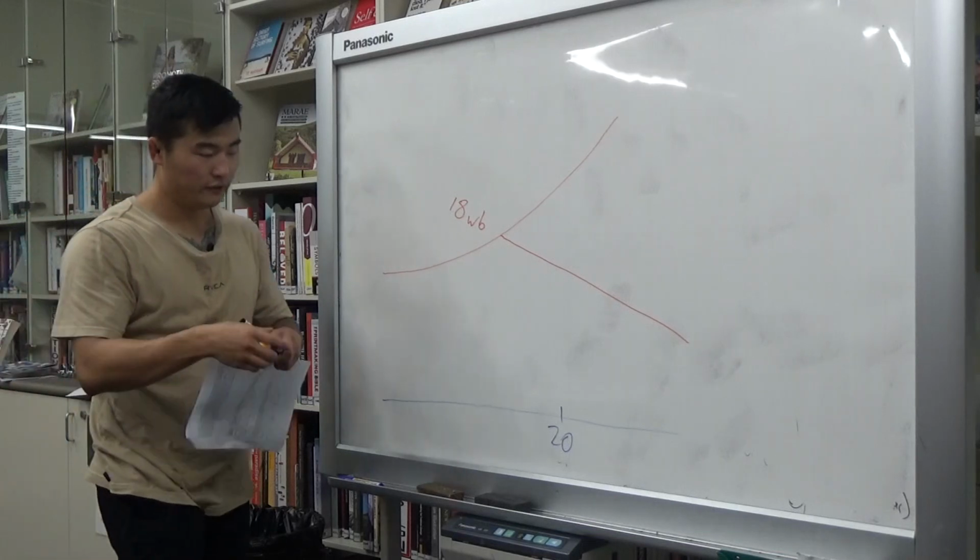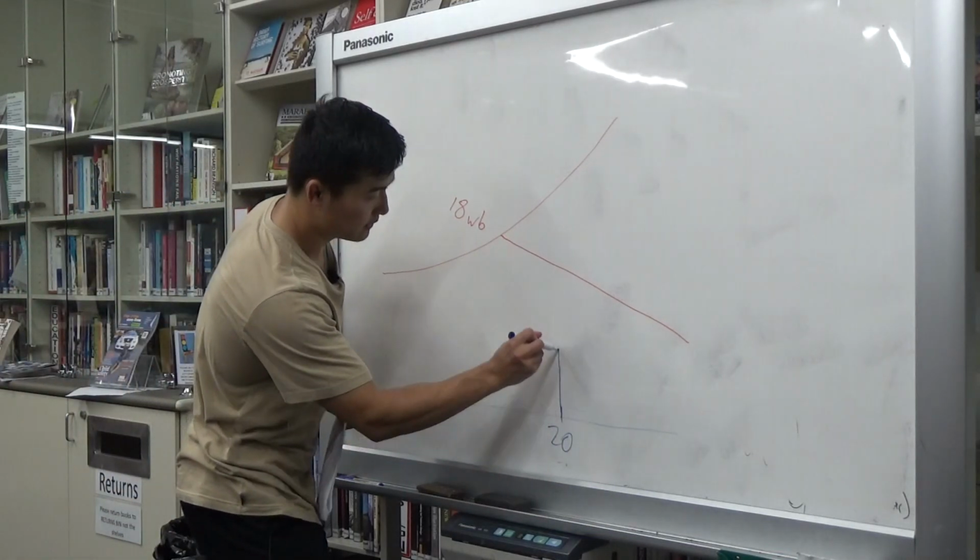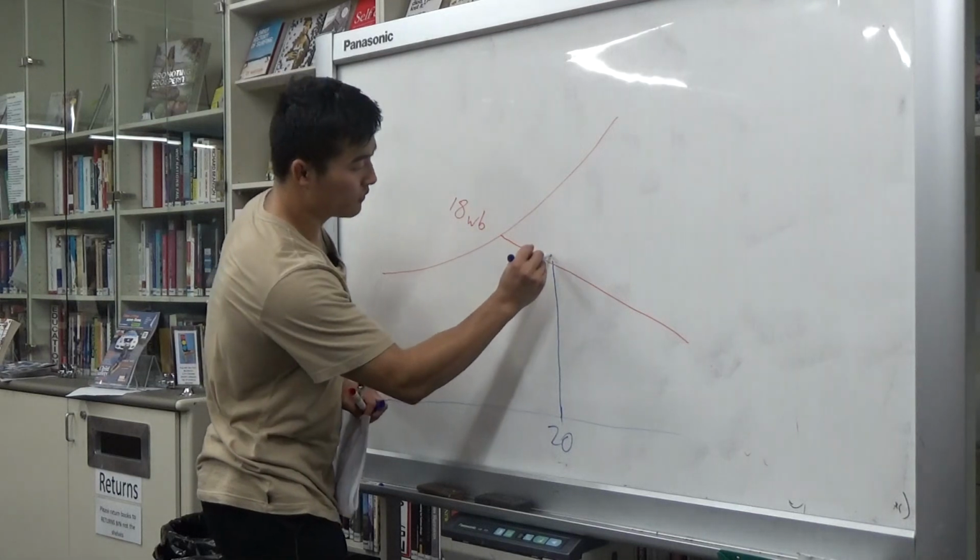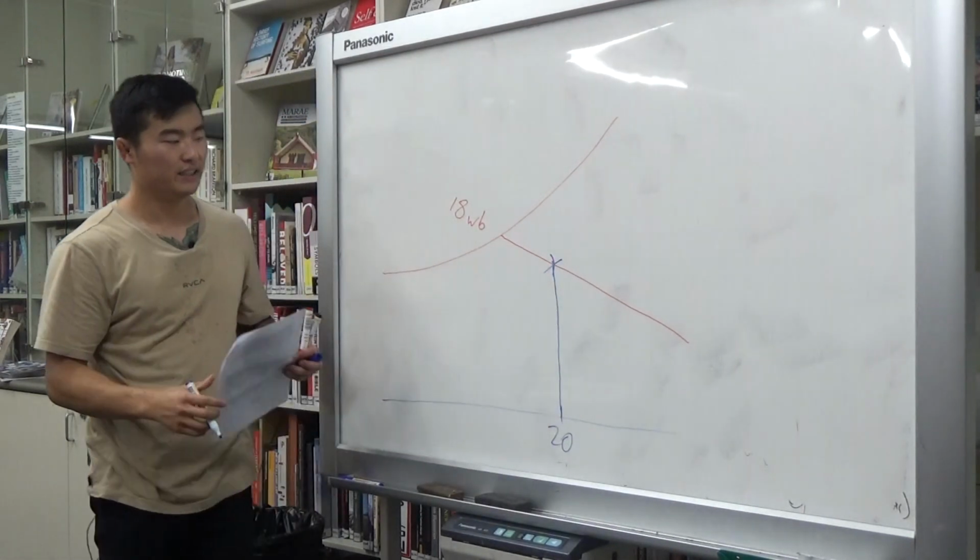So you're going to find the point where they intersect. So they're going to intersect at this point here.